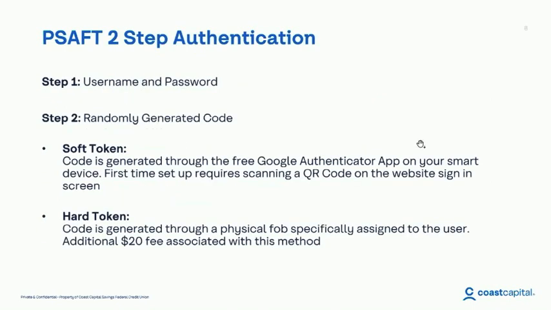I spoke a bit about this two-step authentication previously. As I mentioned, the first step is your username and password. The second step is the randomly generated code. This code can be generated in 2 different ways. One, we use the term soft token. The code is generated through the Google Authenticator app, which is a free app that you download onto your smart device.